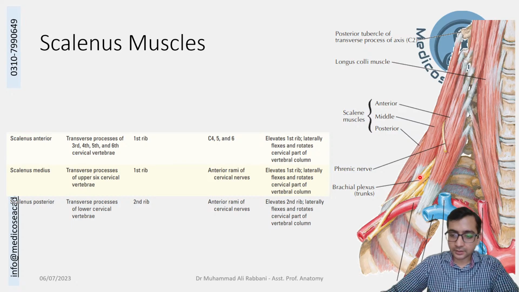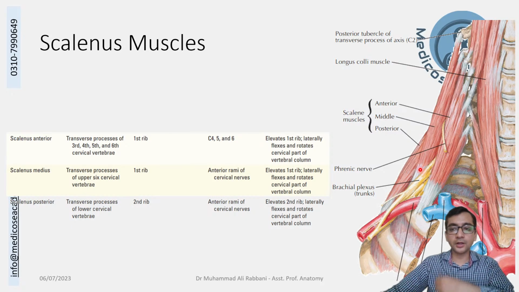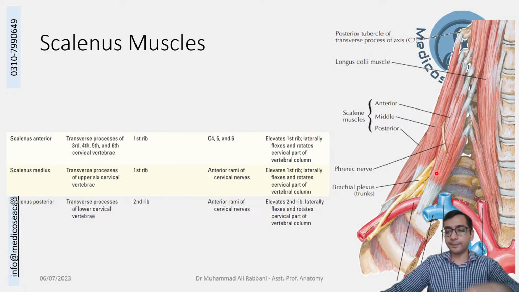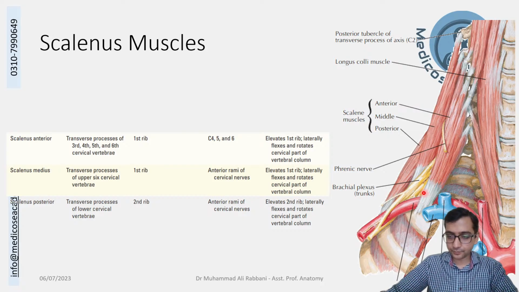It may either raise the first rib or it may pull the vertebral column towards itself, that is lateral flexion. Then there is scalenus medius that is present just behind it. It usually arises from all of the cervical vertebrae transverse processes or upper six, and then it gets inserted into the posterior aspect of the upper surface of the first rib. On the back, it is not very visible right here.